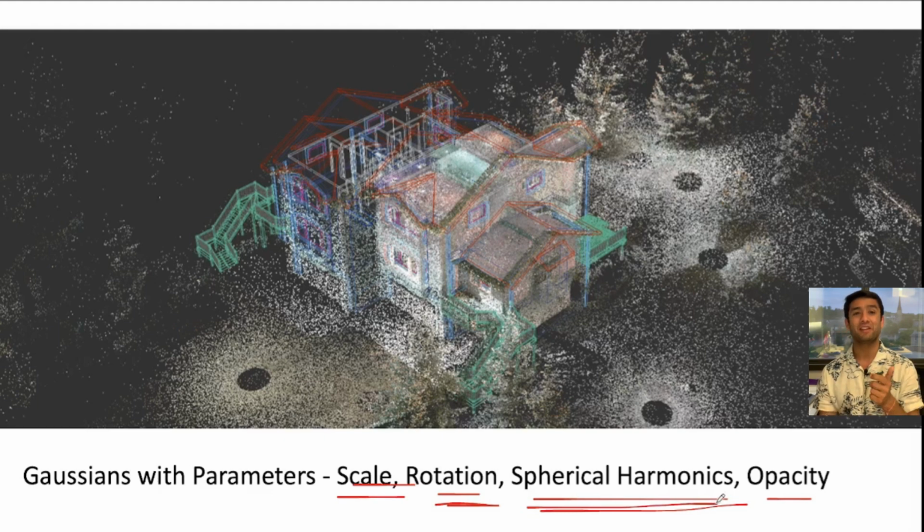Spherical harmonics is a way of encoding the information about the RGB color of a scene, and spherical harmonics have different orders: 0 order, 1st order, 2nd order, 3rd order, and each of those orders basically encodes some information about the scene.